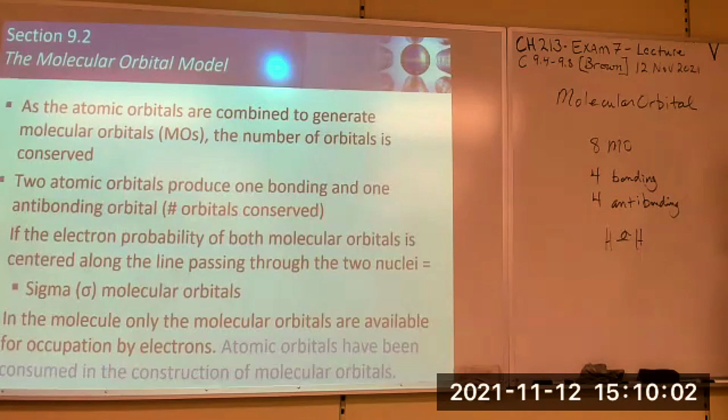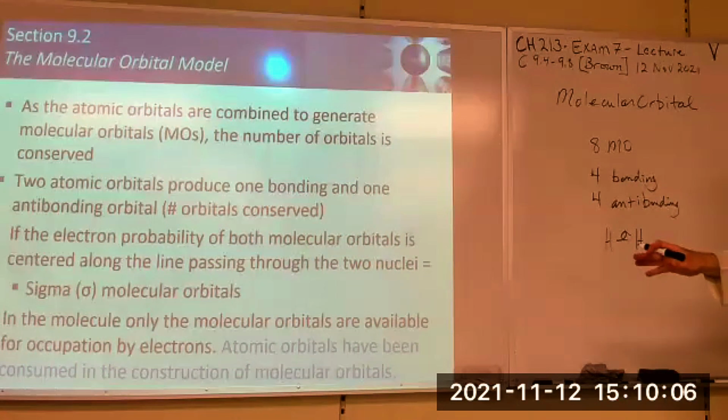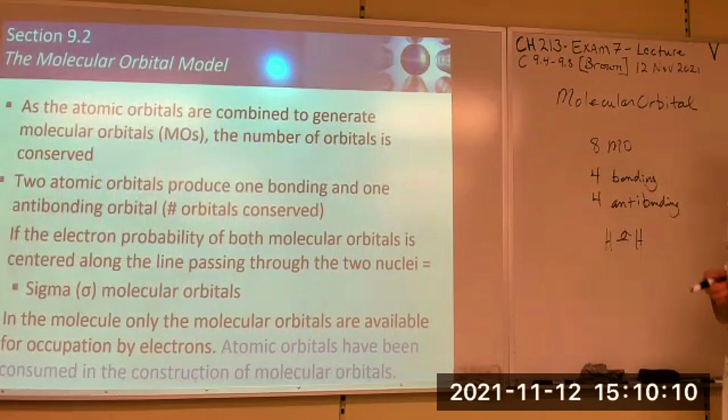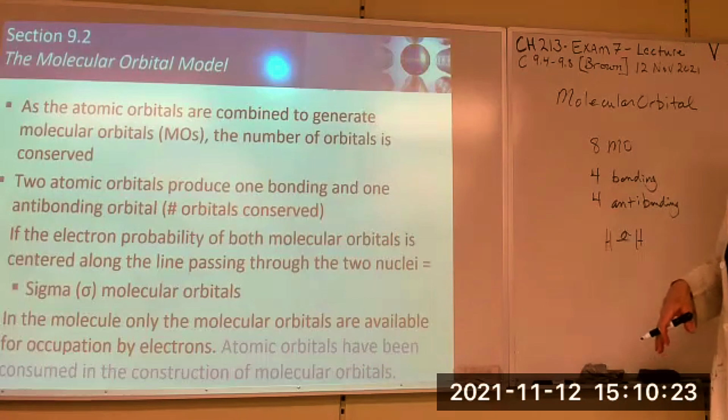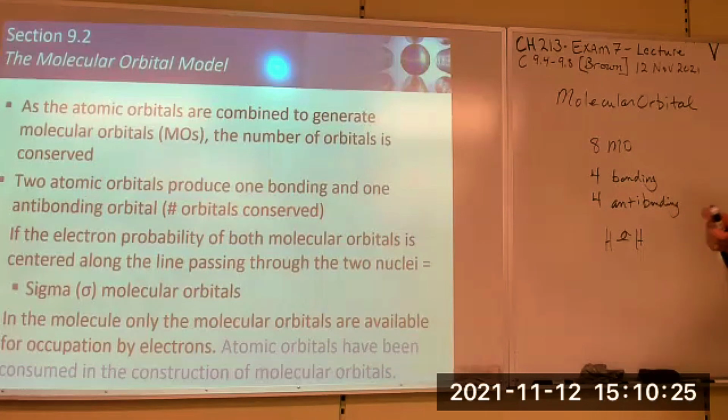Now, once we've made these molecular orbitals, the atomic orbitals no longer exist. Molecular orbital theory takes even the core orbitals and incorporates them into the molecular orbital model. But since they're not important, we can consider those lame ducks.